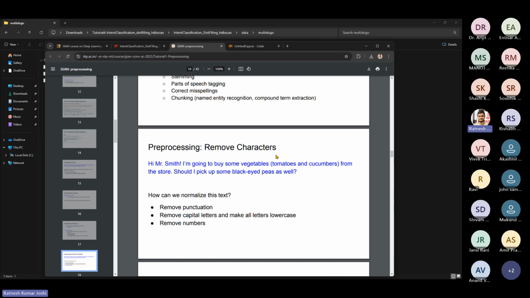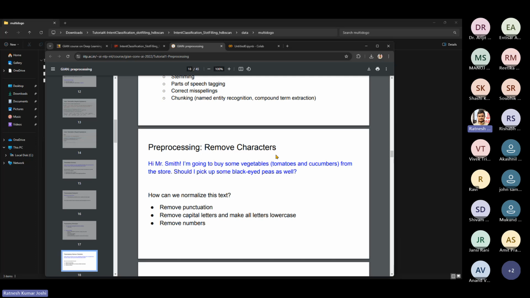But the general idea is that for the majority of tasks, let's say classification, maybe we have a movie review and we want to classify it as positive or negative, we are not really interested in punctuation or capital letters. We are interested in specific words that may carry a positive or negative meaning.